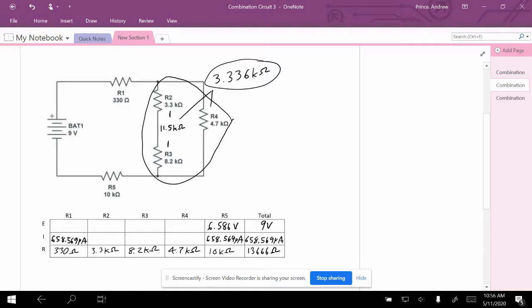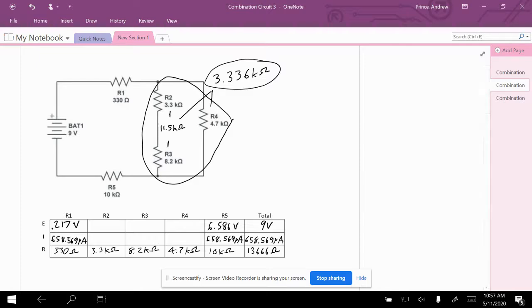And then if we take the 330 and multiply it by the 658.569 microamps, that gives us 0.217 volts.